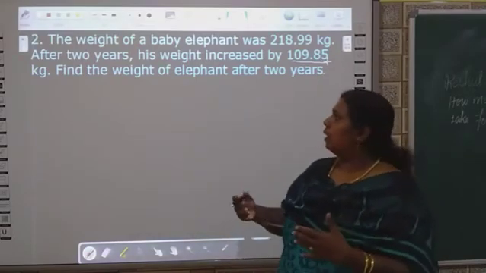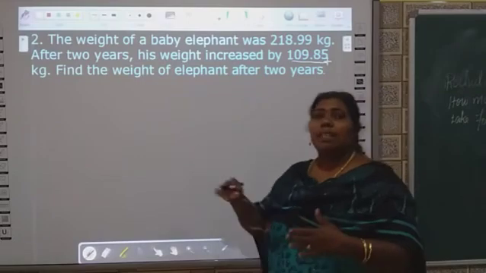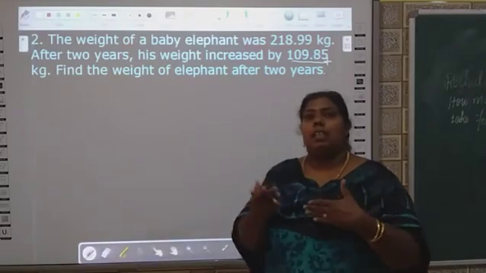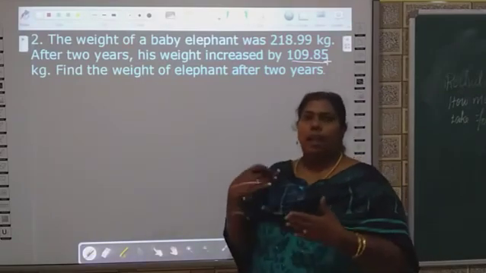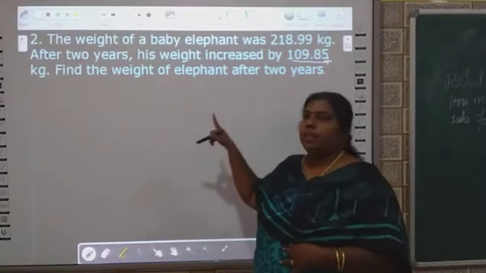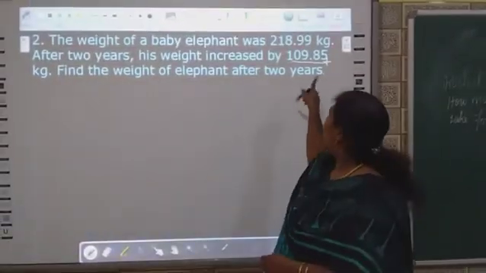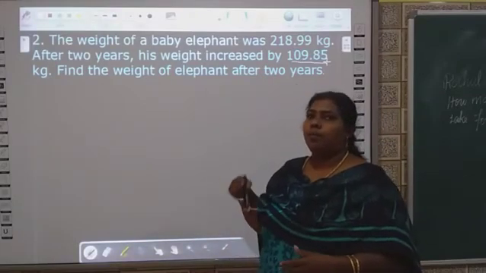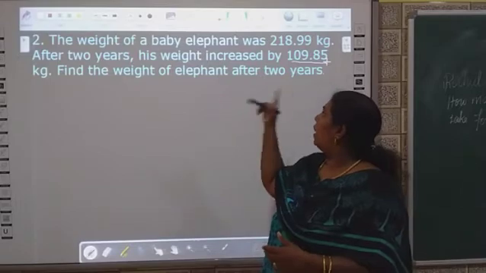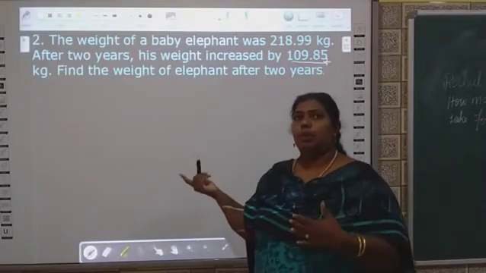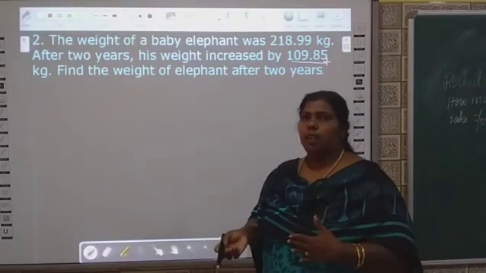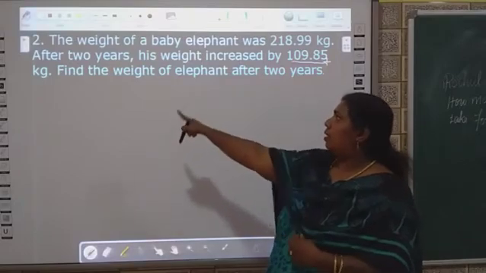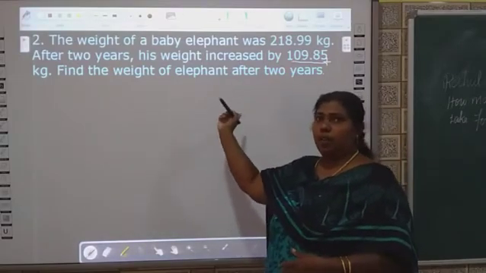Then after 2 years, his weight is increased. Increased means what we have to do? We have to add the value, isn't it? Increased by 109.85 kg. So what we want to find? We have to find the weight of elephant after 2 years. Okay, first what we have to write? Weight of a baby elephant equal to how much?